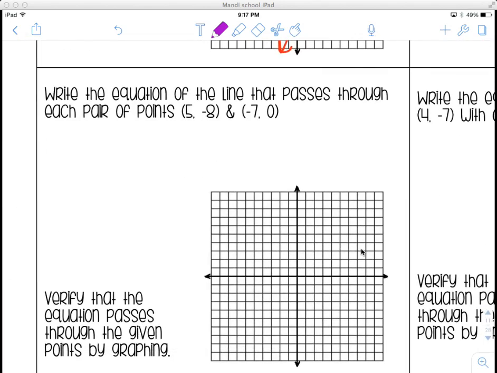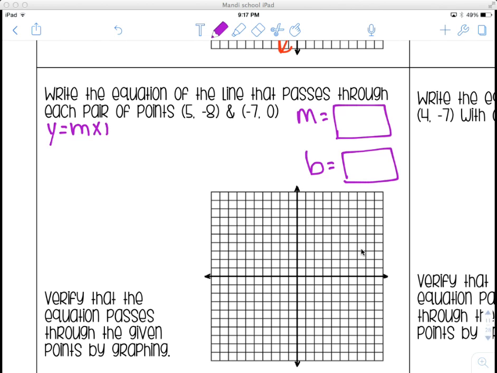Alright, same thing. We are given 2 points. We need a slope and a y-intercept. So we have y equals mx plus b, and we need to find slope. So let's make our table. We have 5, negative 8, and negative 7, 0. So we want the change in y. Negative 8 to 0 means that we've added 8.